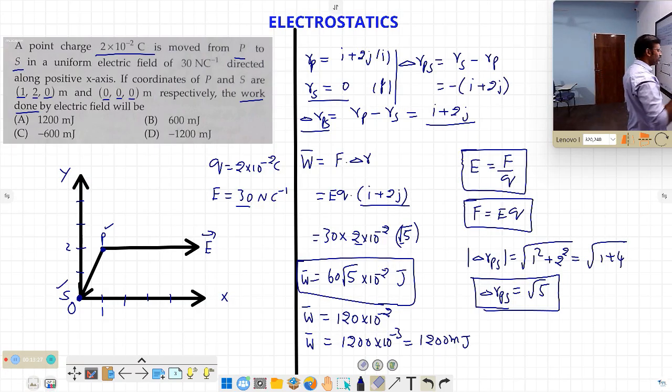This means all the way you will get the minus sign here, because the change in position is negative. So the answer is also negative. So in the options, the fourth option is the correct option for this question.